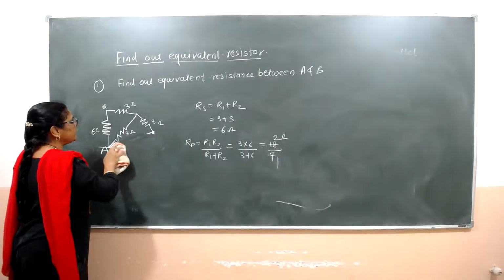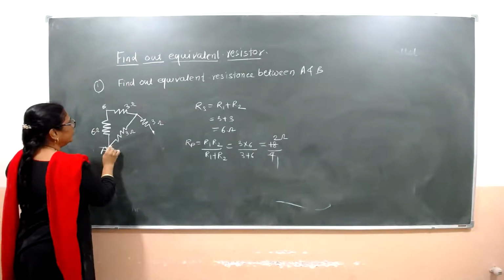There is another equivalent resistor and the value of that resistor is 2.